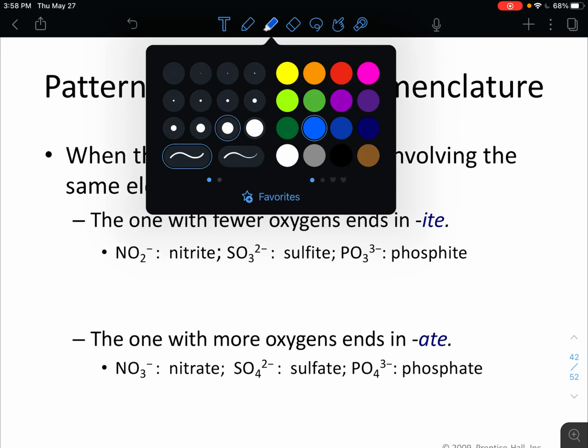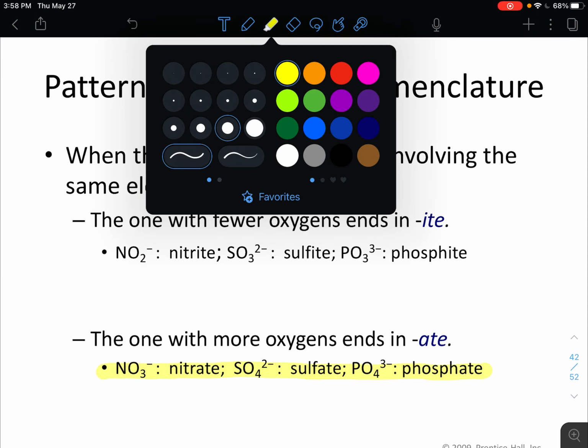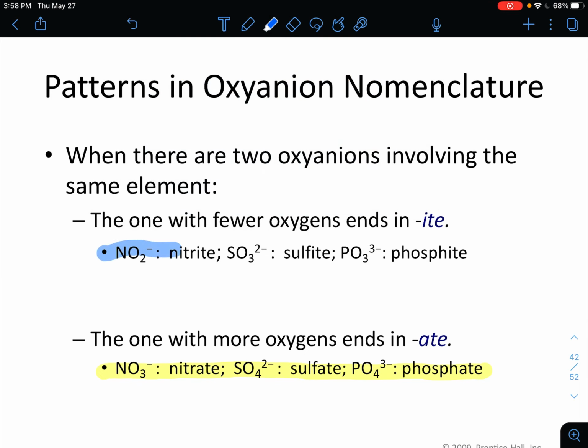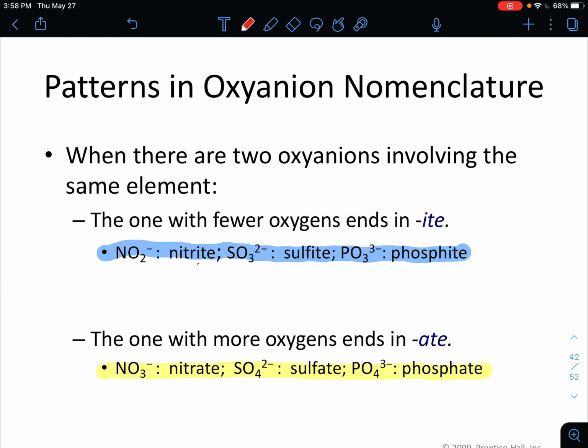Okay, so what you're going to see here is the parent ions we originally talked about, nitrate, sulfate, phosphate, but now each of them has a variation where we take away an oxygen. And what happens when we take away the oxygen is the ATE ending becomes an ITE ending. The charge stays the same, right?